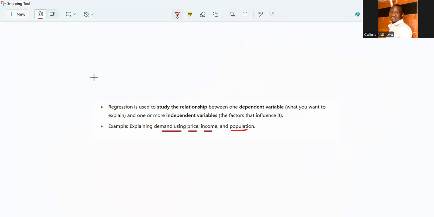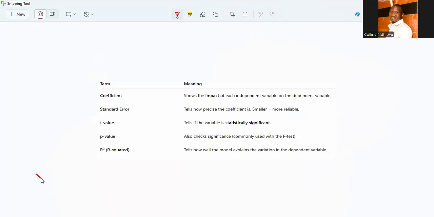From our regression, we know that regression can be given by a plus bx, or y is equal to b0 plus b1 x1 plus b2 x2.